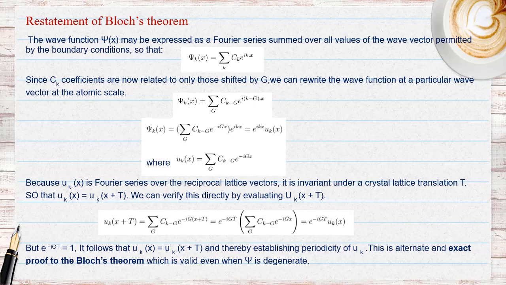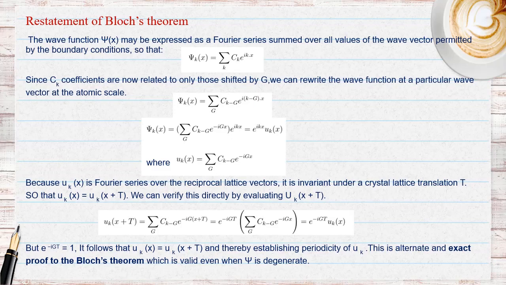This can be rewritten as e raised to minus igt times the summation over g of ck minus g e raised to minus igx, that is equal to e raised to minus igt times uk of x. But we know that e raised to minus igt is equal to 1.